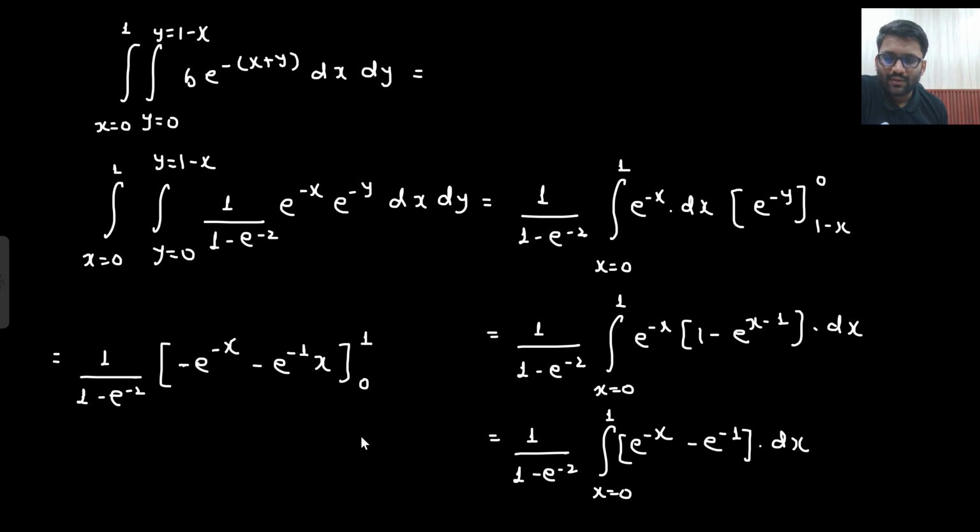Well and good. So what I can do is take out the negative sign, so this will become plus, and then I can interchange the limit. It goes from 1 to 0. I just interchange the limit, nothing else. So what you are getting, e to the power 0 would be 1 minus e to the power minus 1.